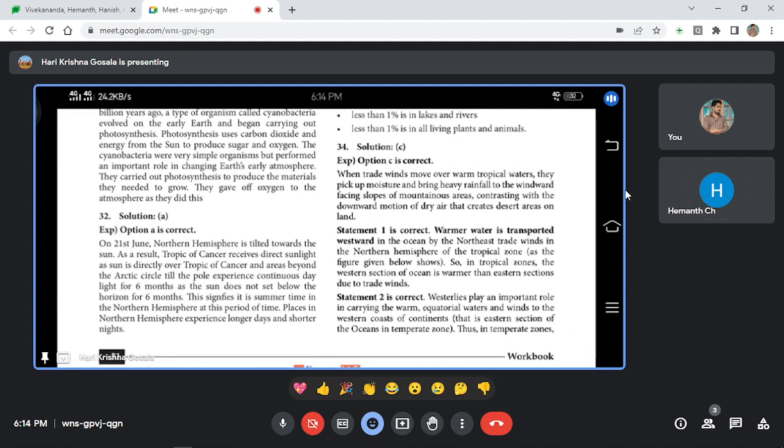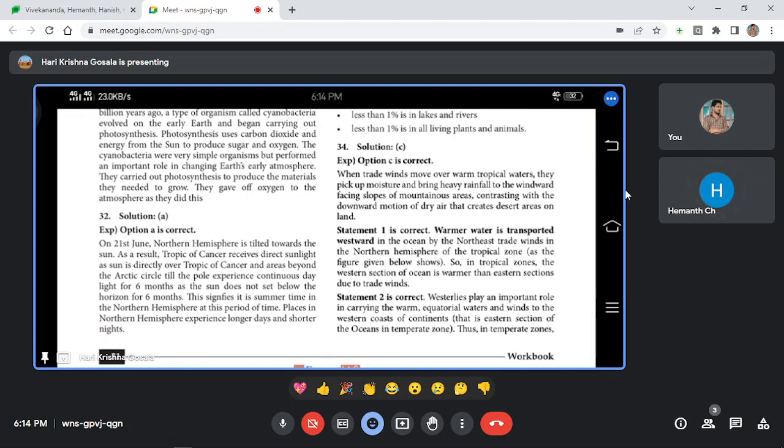Warmer water is transported westward in the ocean by the northeast trade winds in the northern hemisphere of the tropical zone, as in the figure given below. So in tropical zones, the western section of the ocean is warmer than the eastern sections due to trade winds.